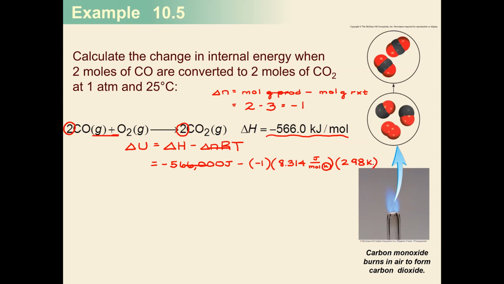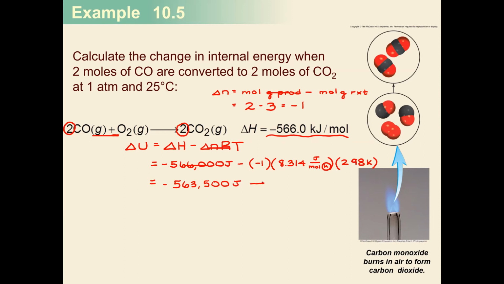So now that I have done that, I am able to go and do all of this math, and I would get a result of my delta U being negative 563,500 joules. So what does that mean for us?